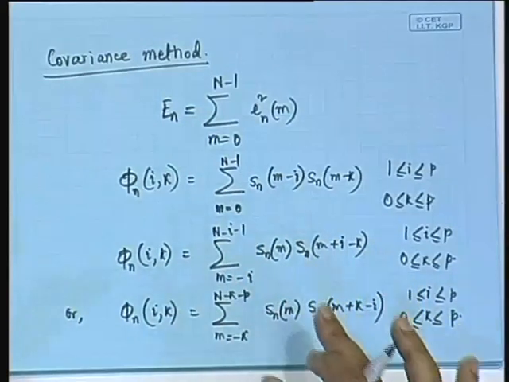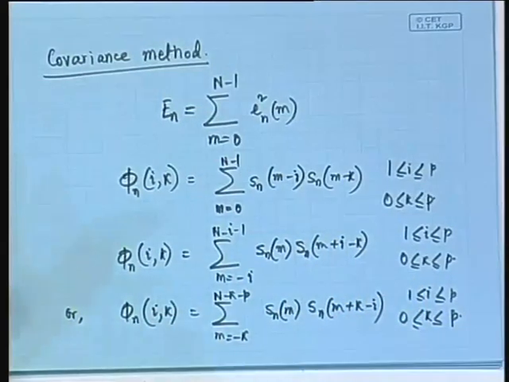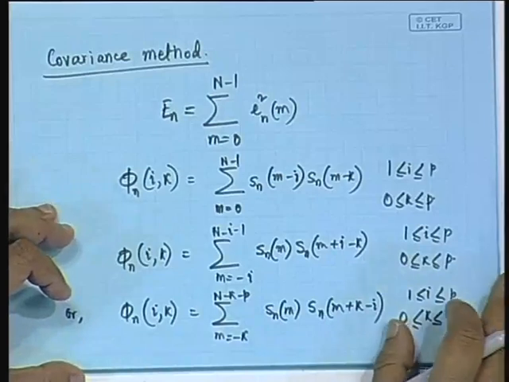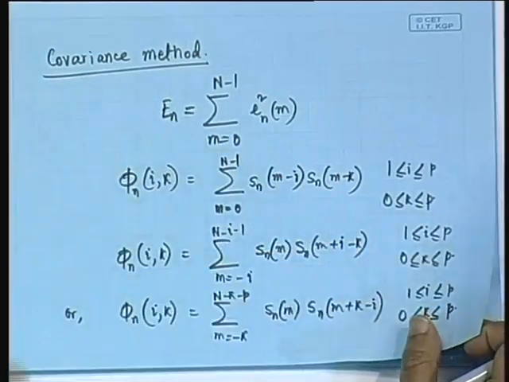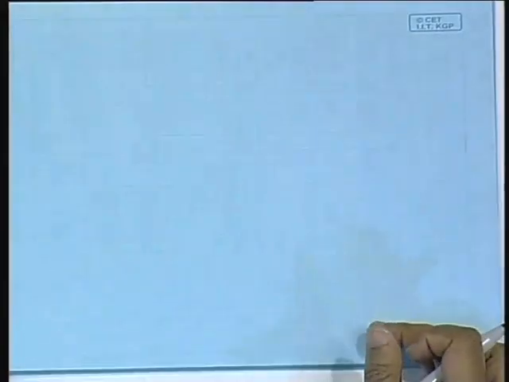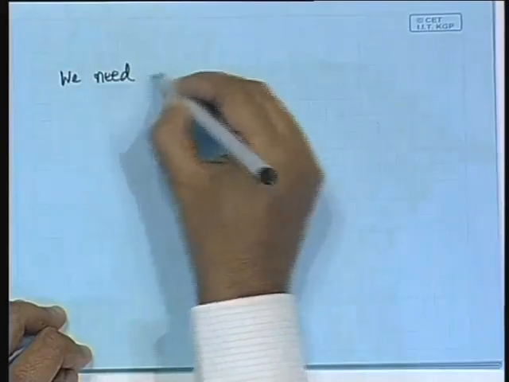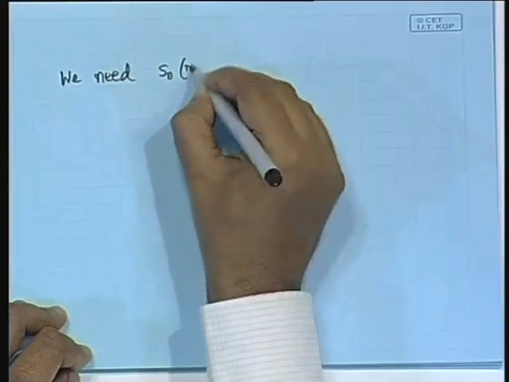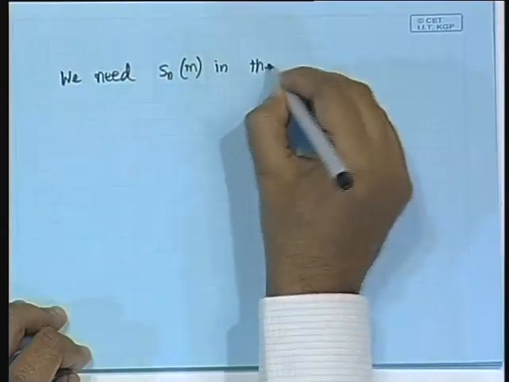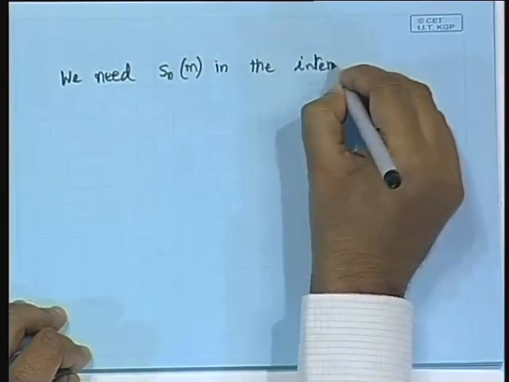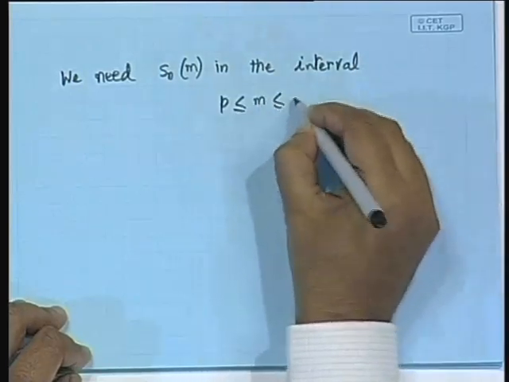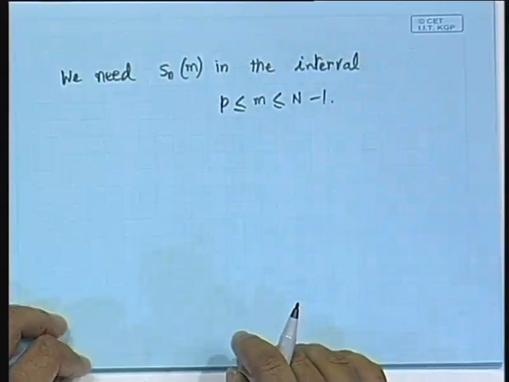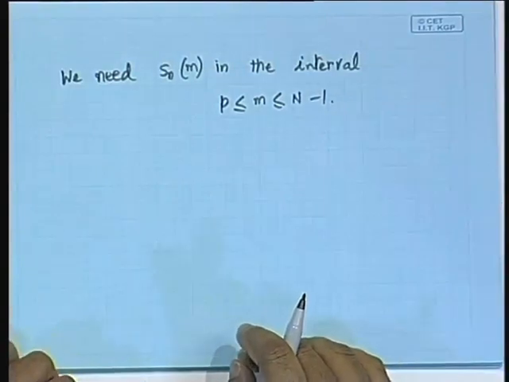So, this basically calls for the extension of the sequence, because now we need values of S n m in the interval m between p and n minus 1.